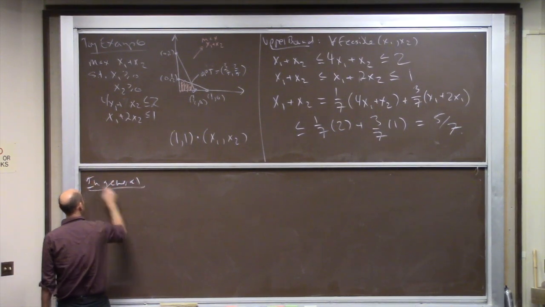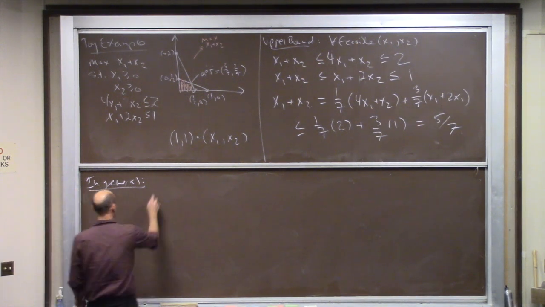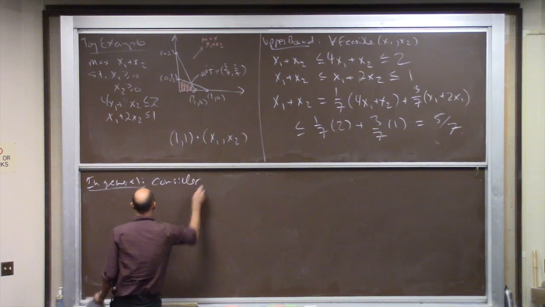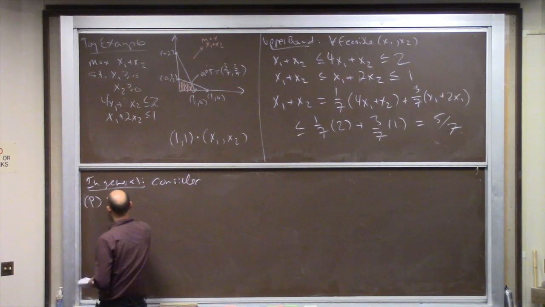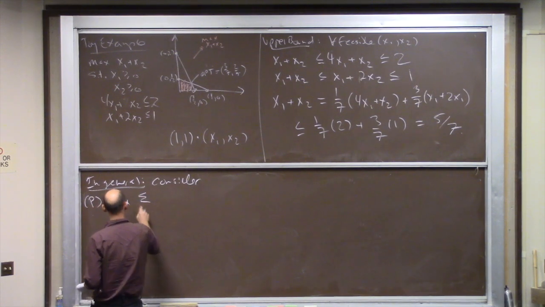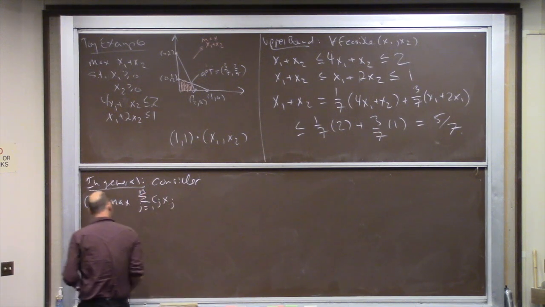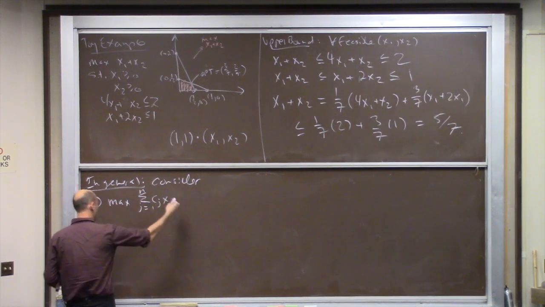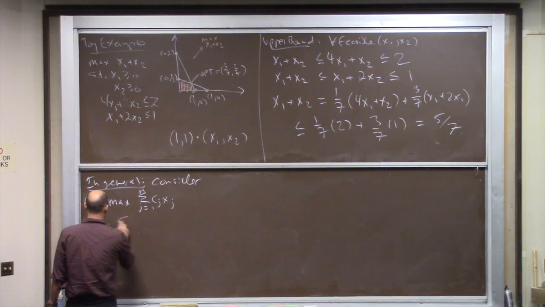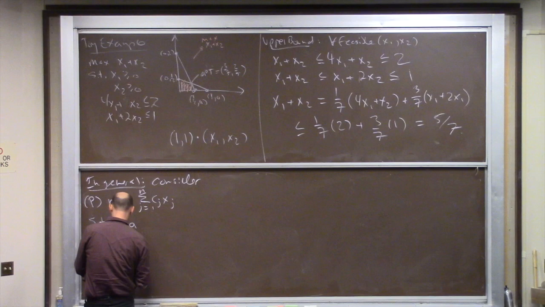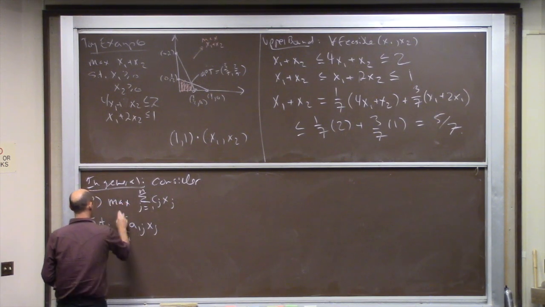Suppose we have not just 2 decision variables and 4 constraints, but an arbitrary number. So consider a linear program of the following form, and I'll call this P for reasons that will become obvious. Maximize a linear combination of the decision variables. Decision variables are x1 through xn. Then we have our linear constraints, sum over j equals 1 to n.